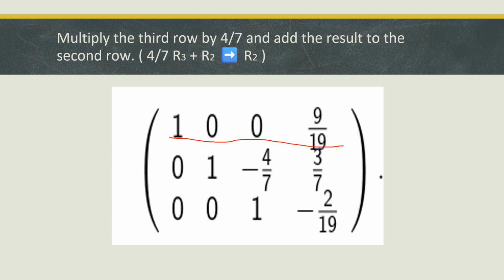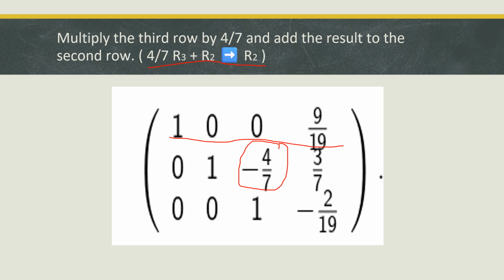That's why our next goal is to make this negative 4 over 7 into 0. In order to make this into 0, we use this elementary row operation, which is 4 over 7 times row 3 plus row 2 to produce new row 2.